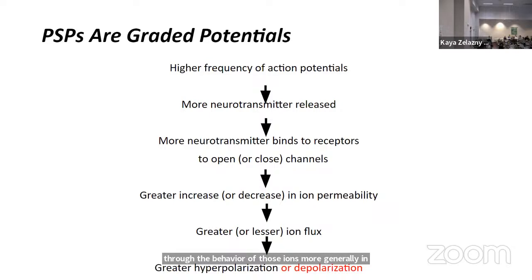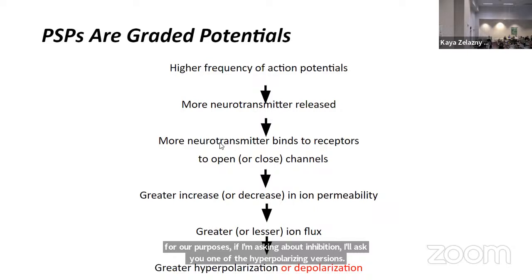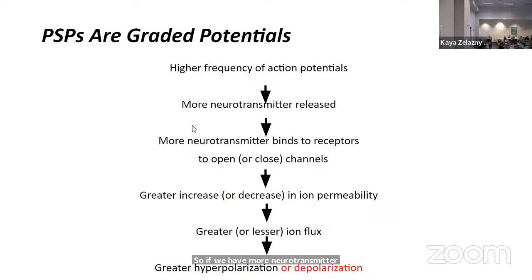I have faith that if you think through those slowly, you can accurately get to whether we're going to have excitation, the depolarization, or inhibition, which for our purposes, if I'm asking you about inhibition, I'll ask you one of the hyperpolarizing versions.